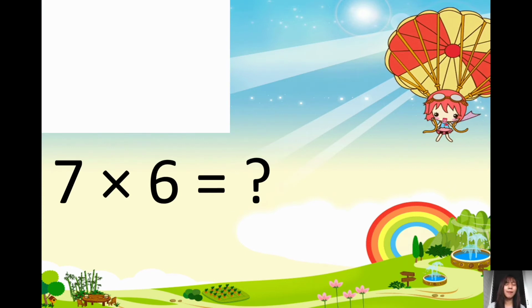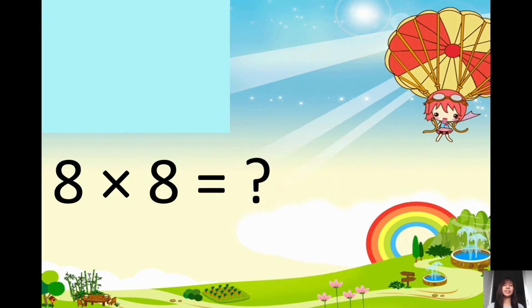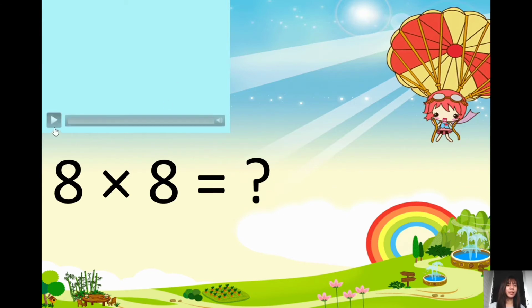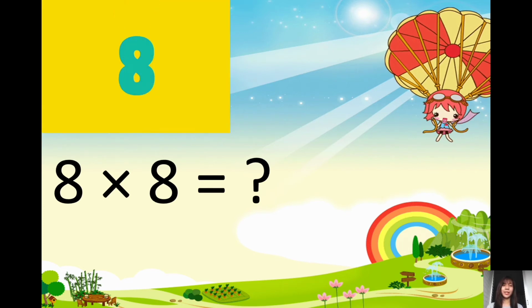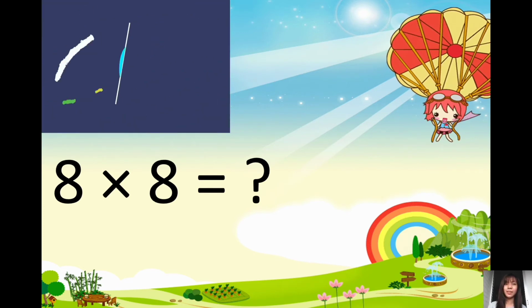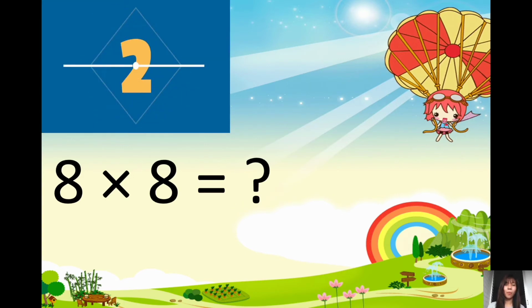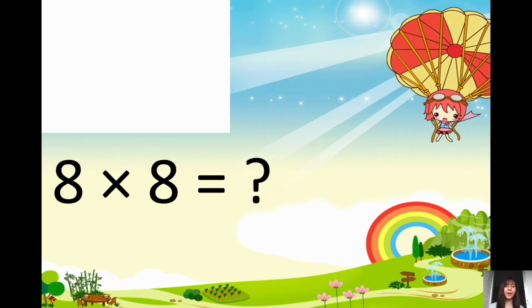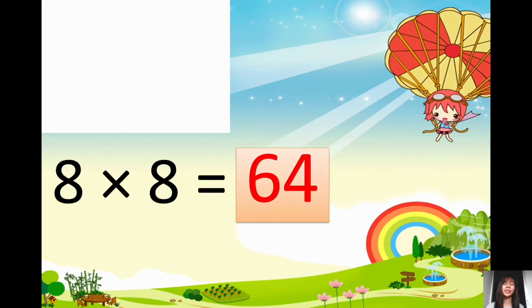Okay, 7 times 6 equals 42. Okay. 8 times 8 equals blank. 10 seconds, ready, go. Okay, time is up. The answer is 64. 8 times 8 equals 64.